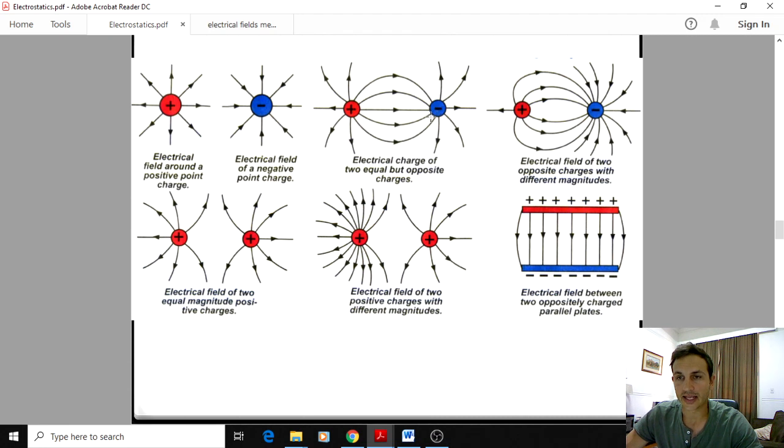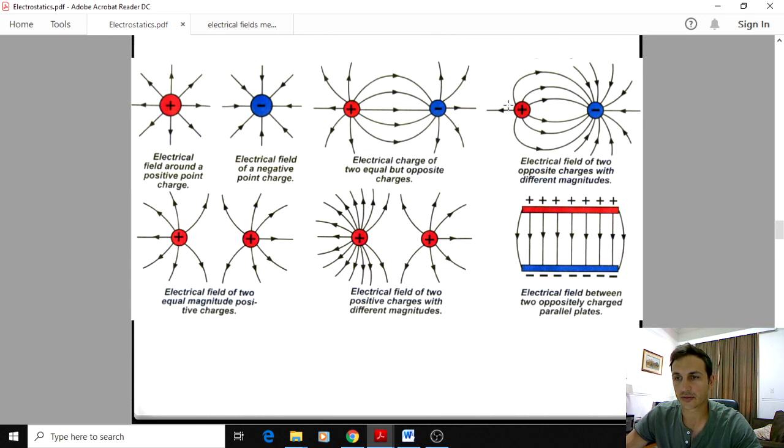The density of these field lines shows the strength of the electric field. These two charges, for example, although they are opposite charges, have the same strength because of the density of the field lines shown here.